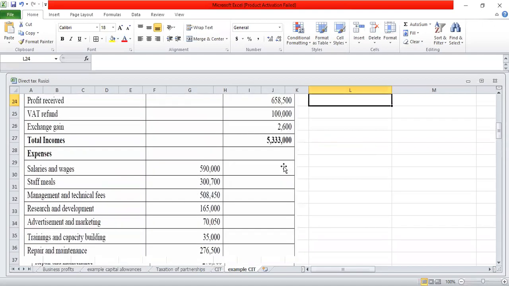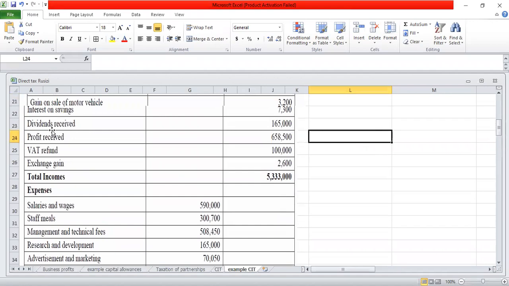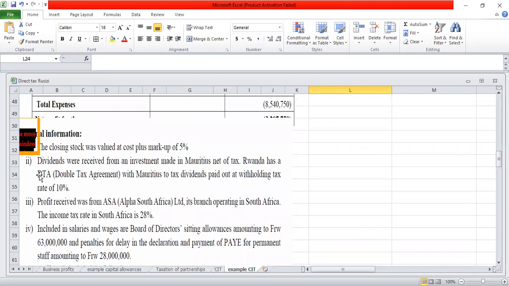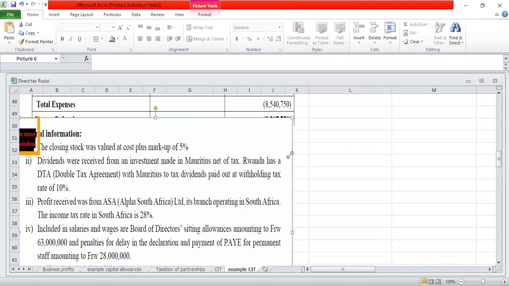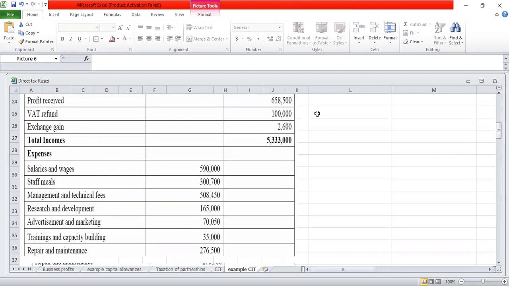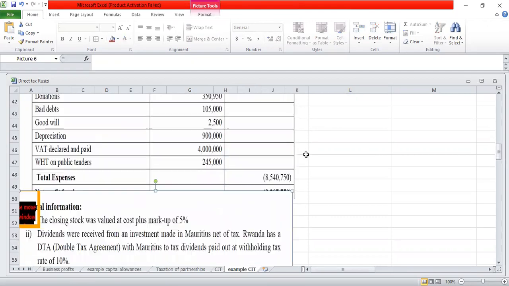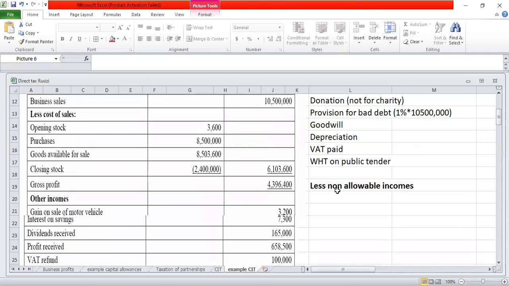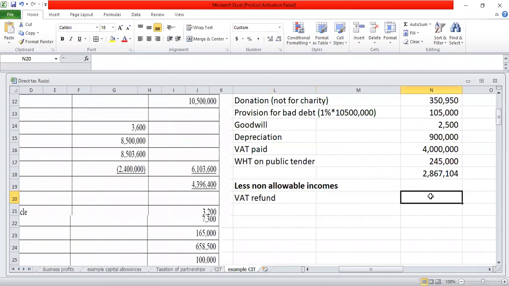Then we have dividend received. I think it has a note. It says dividend were received from our investment in Mauritius, and so we are going to look at this. And then another one is a VAT refund. A VAT refund is not an income, so this one is a VAT refund of 100 million.